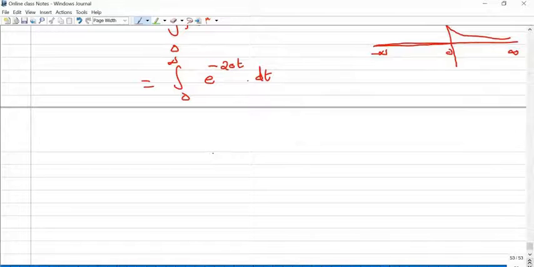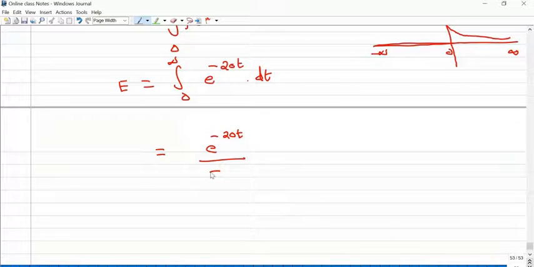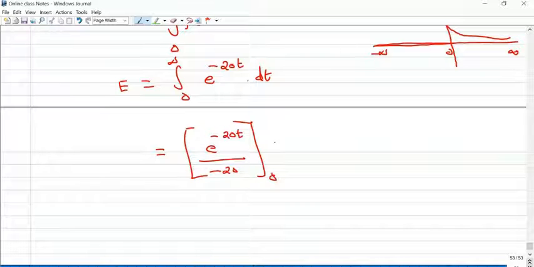So the formula for energy after simplification is integration 0 to infinite of e power minus 20t dt. That gives e power minus 20t divided by minus 20. Then substitute the limits 0 to infinite.